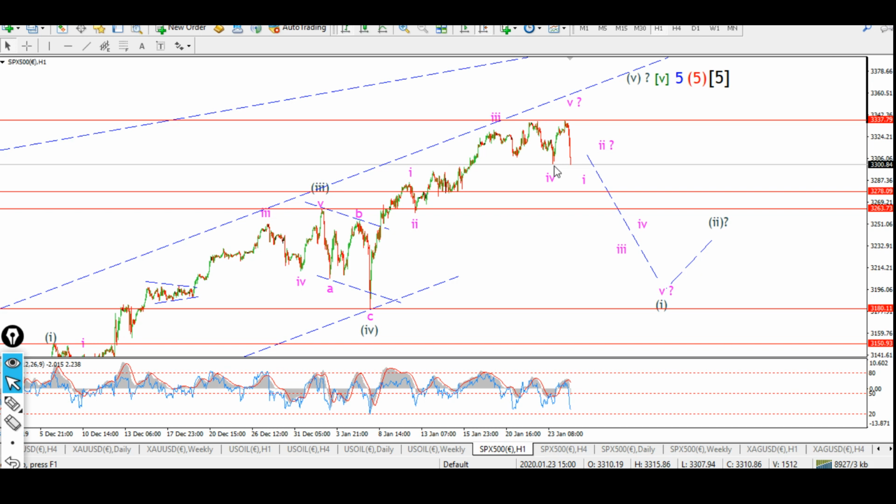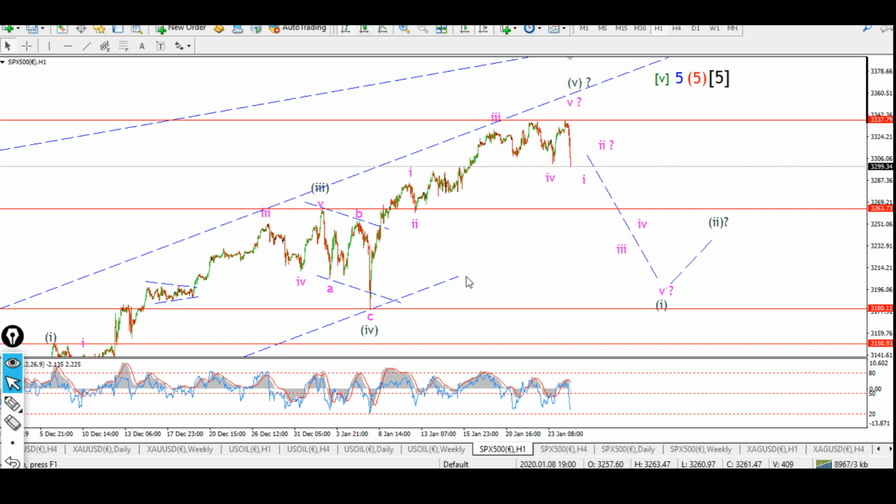So fingers and toes crossed that we're now moving down into a possible wave 1 down. If that's the case, we should see a retracement of all of this wave 5, which would be here. This 5th wave here, we should see a retracement of that in wave 1 down.